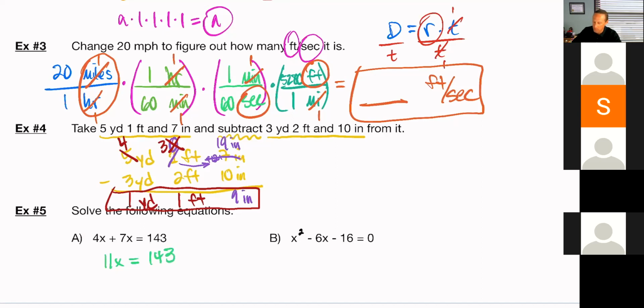And all you have to do is what is called the inverse. The reverse of what is currently being done to it. It's being multiplied. Good. By what? 11. So how are we going to undo multiplying by 11? Divide each side by 11.